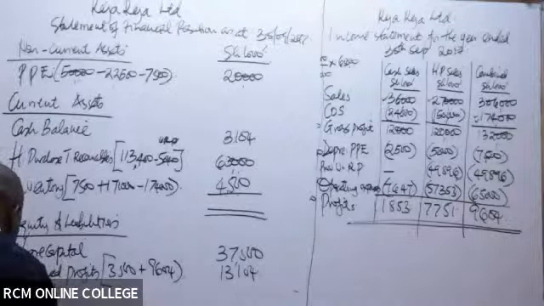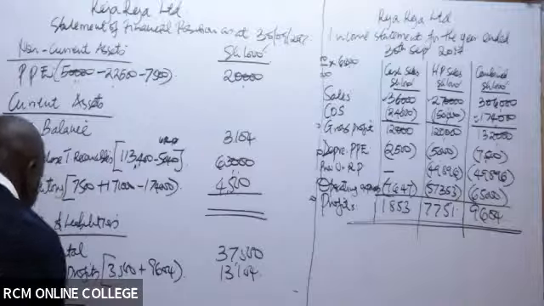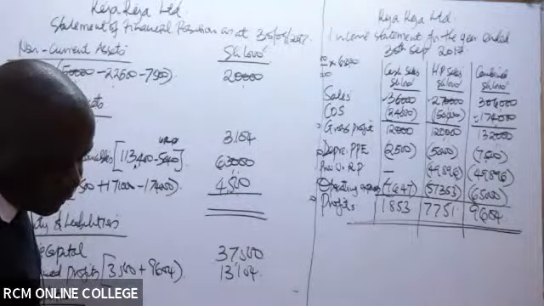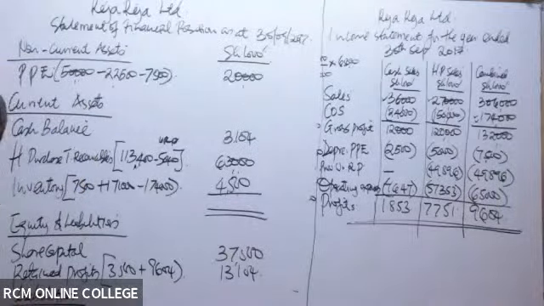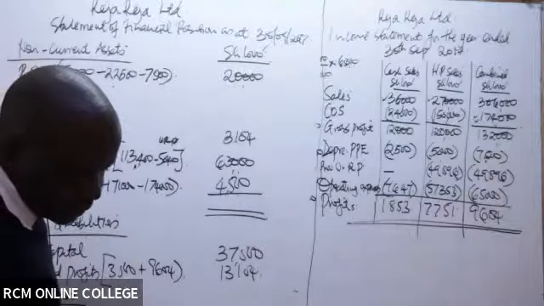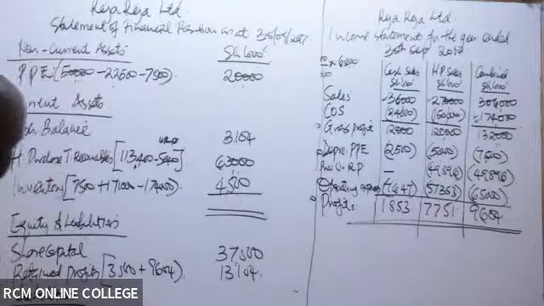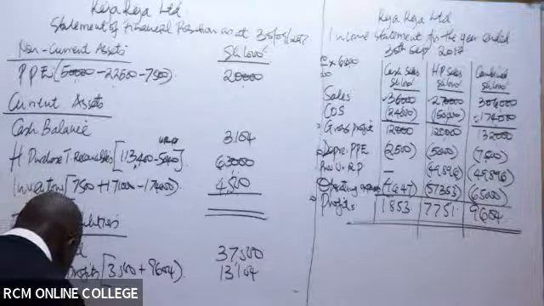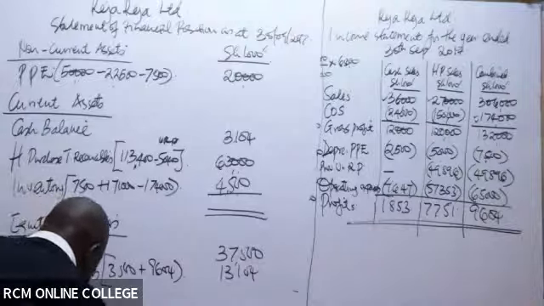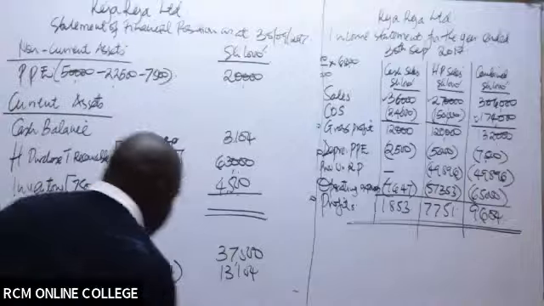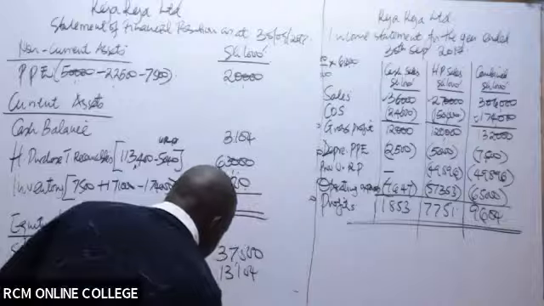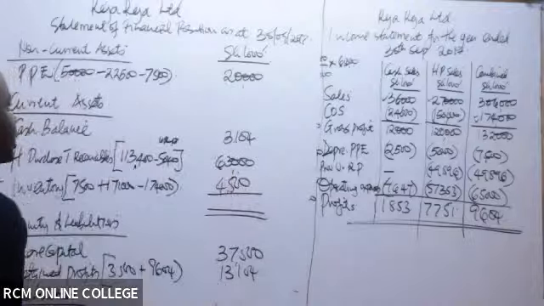So we'll have the liabilities. For the liabilities, you can just check the trial balance for any item on the credit side that sums up to be a liability. If you look at the credit side, you have trade payables. So the trade payables is an amount of 40,000.